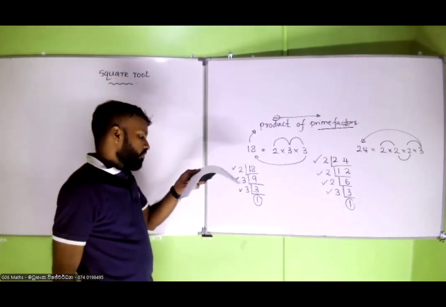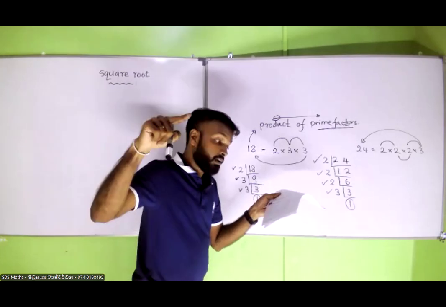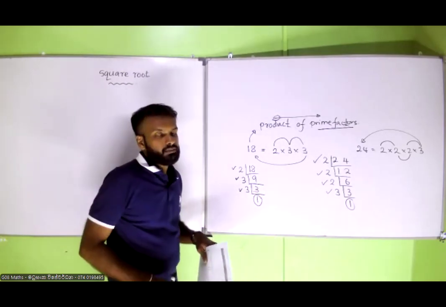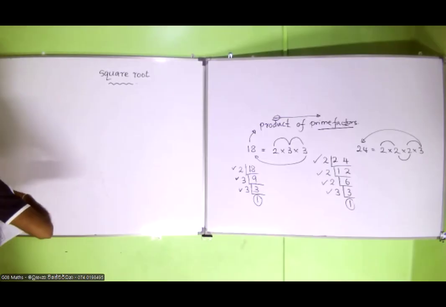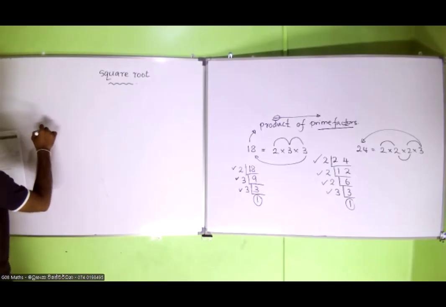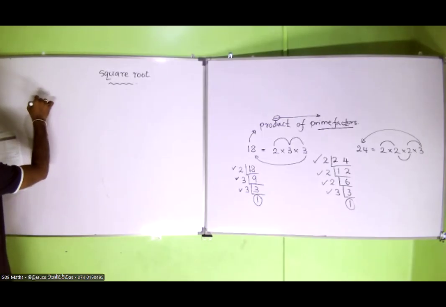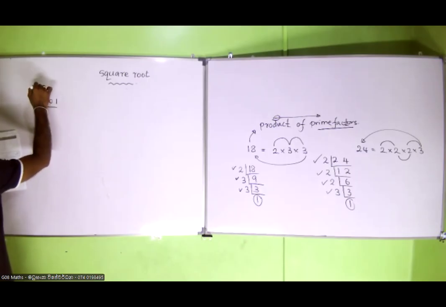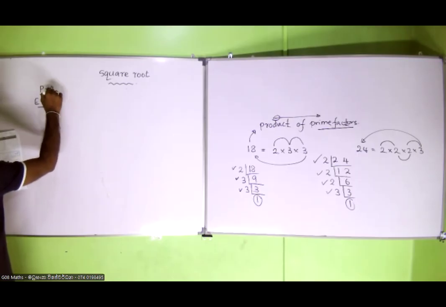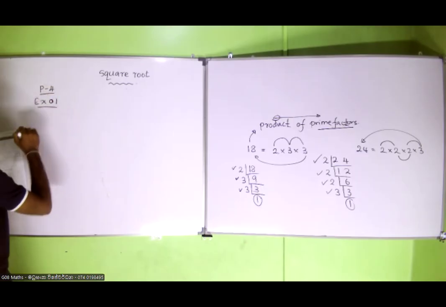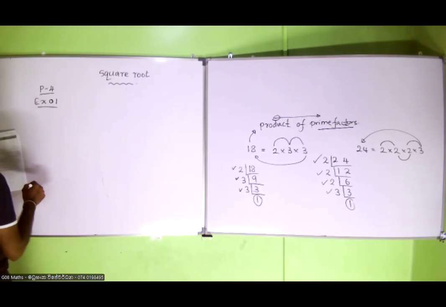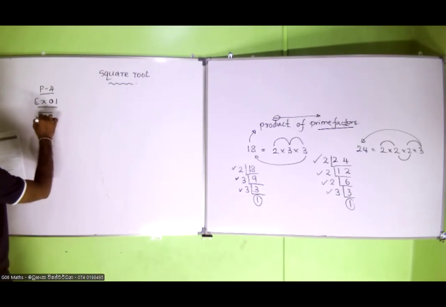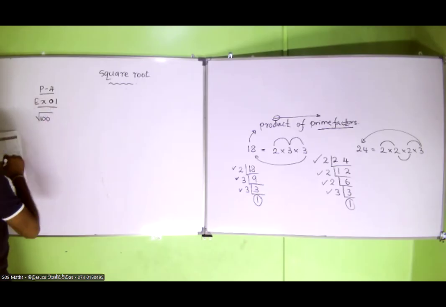Example number 1, under page number 4. Find the value of square root of 100 using prime factors.